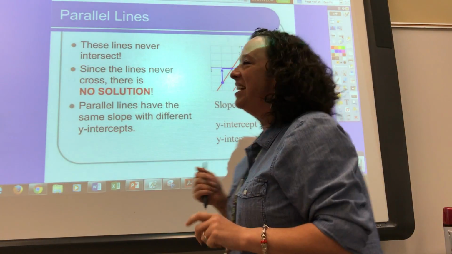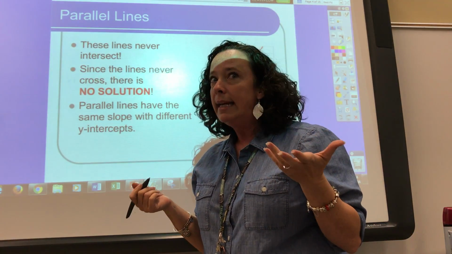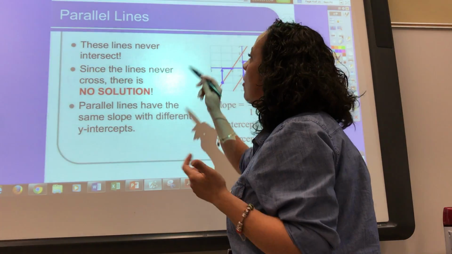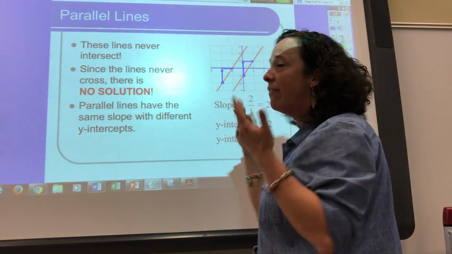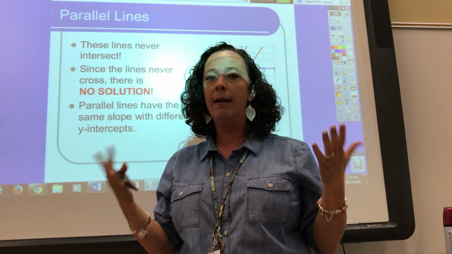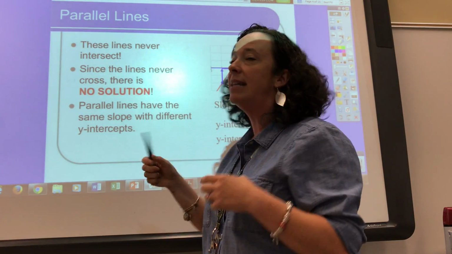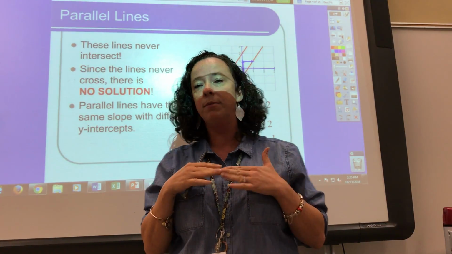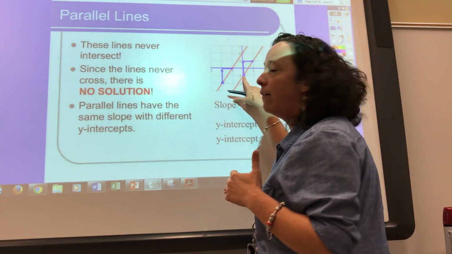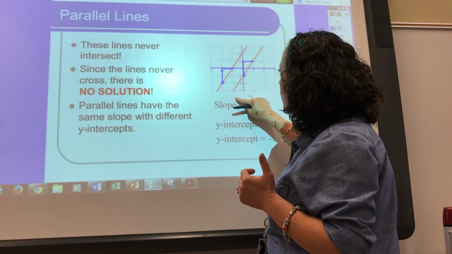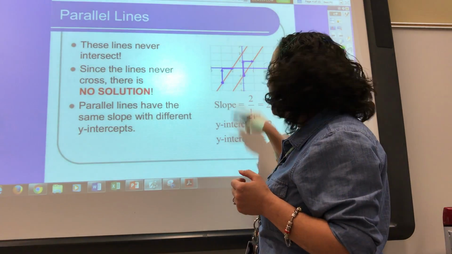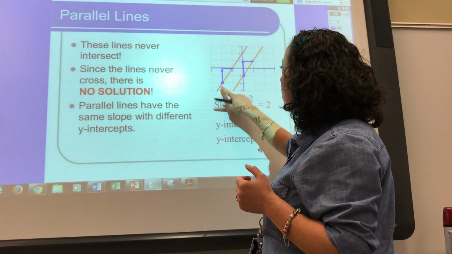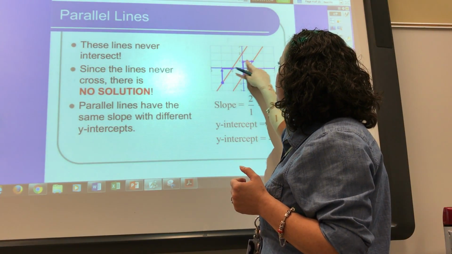Okay, so if you look at this, we learned about parallel lines. They have the same slope, and look, they never intersect. That's one of the properties of parallel lines. They're parallel because they don't have the same y-intercept. They cross the y-axis at two different places. This one crosses the y-axis at -1, and this one crosses at 2, but they both have the same rise over run, up 2 over 1, up 2 over 1.